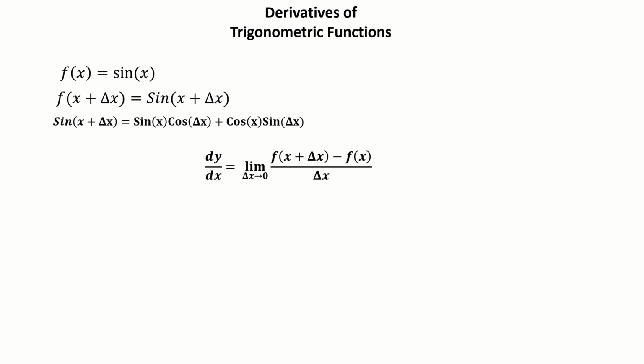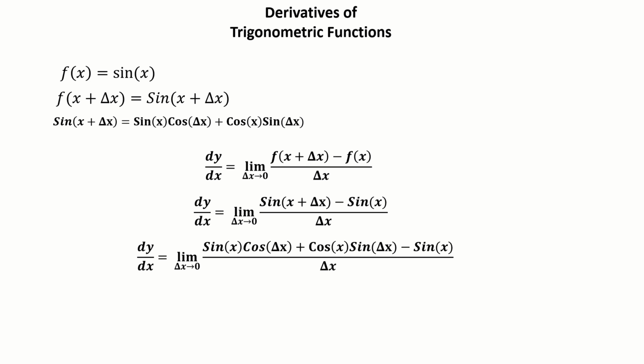From the first principle, our f of x plus delta x is simply sine of x plus delta x, and f of x is sine of x. So we substitute the values, and we can put the delta x below every term separately.